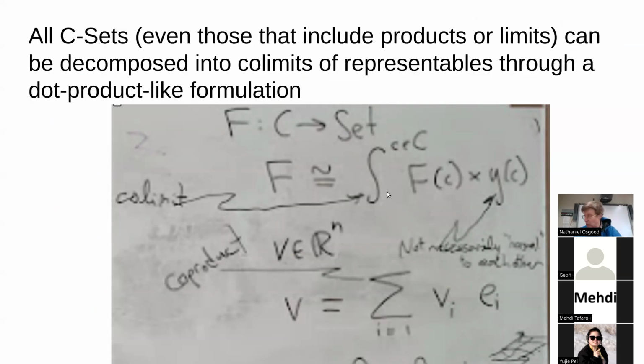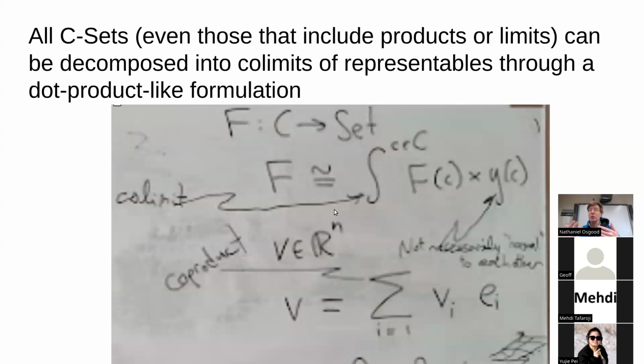I didn't give you the exact mechanism to do that, but it involves what I believe will be a coend here. Essentially, it's like taking the dot product of it and summing it up to get how much of each representable is in there.